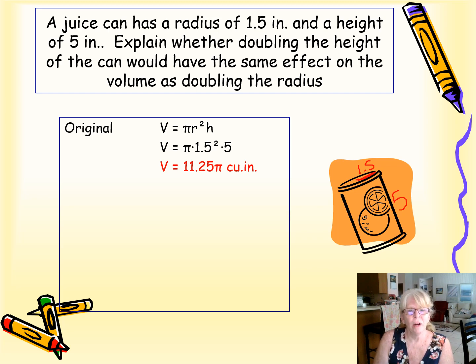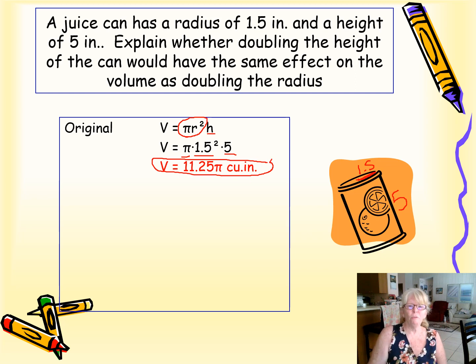Now we've got pi r squared, which is our can lid, times h. 3.14 times 1.5 times 1.5 times 5 gives you 11.25 pi. The pi in this case didn't get used, so we left pi alone, so pi stays. This is just to show you what happens when you double, okay?